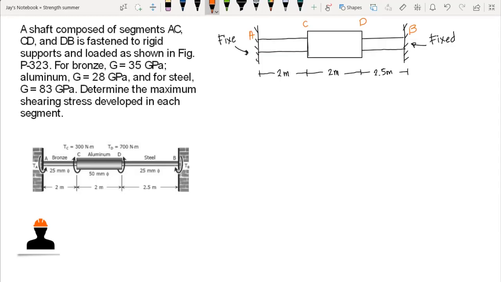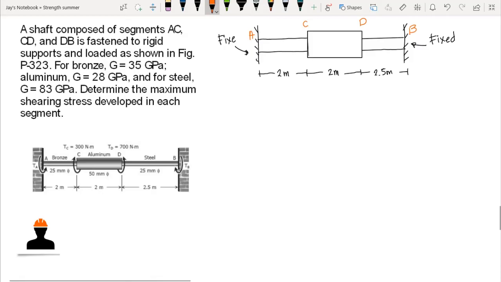segment in the shaft. The first thing we do here is compute the internal forces. However, we do not yet have a value of our torque, our twisting moment.